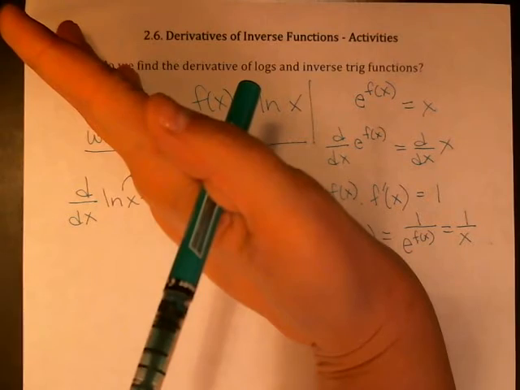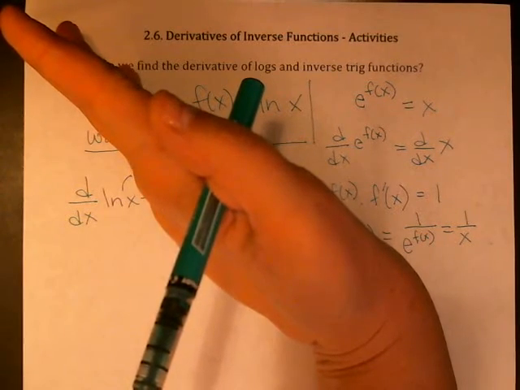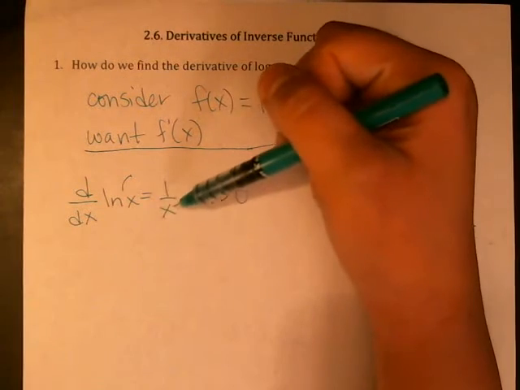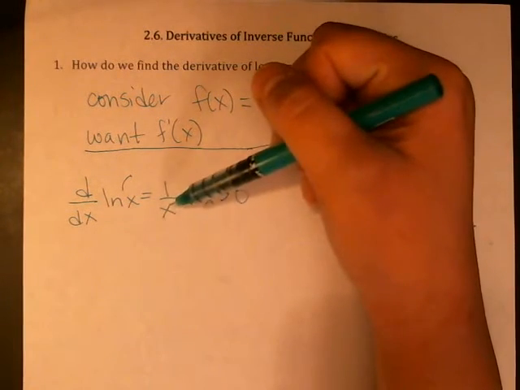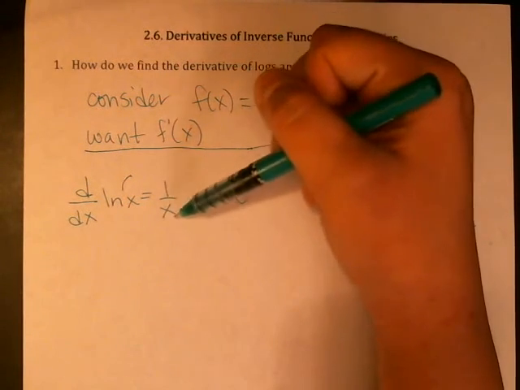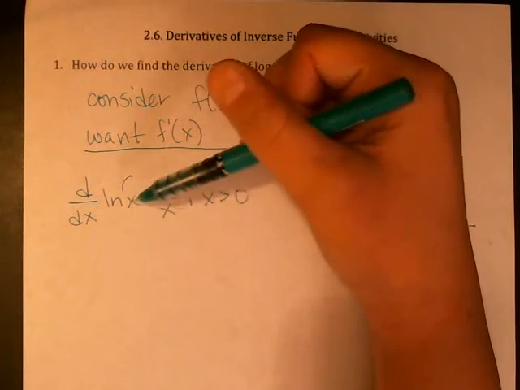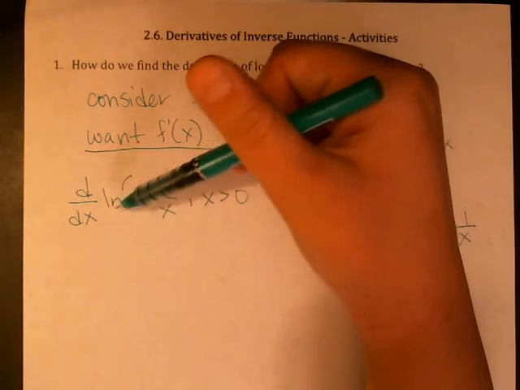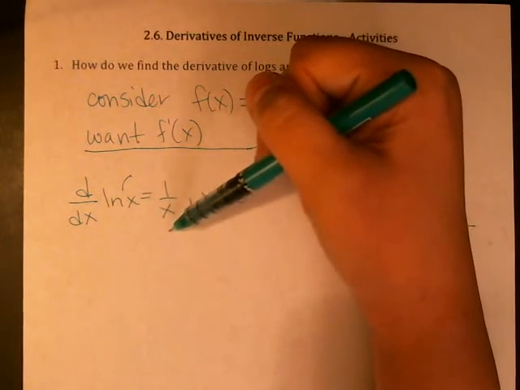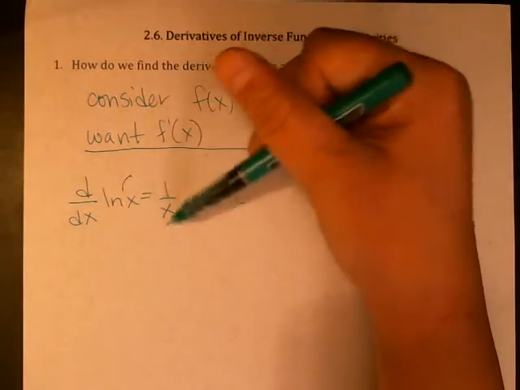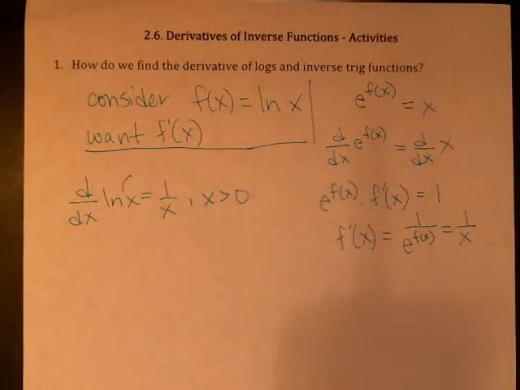In fact, you can't take the natural log of a negative number or 0. Over here, the 0 is implicit. We can tell that x can't be 0, but there's nothing on this side that says x can't be negative, so we don't want to be accidentally trying to talk about the slope of the natural log function when x is negative 2, because the natural log doesn't exist when x is negative 2. So we should only look at positive numbers over here.